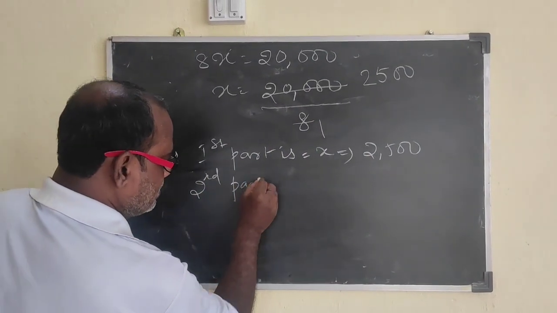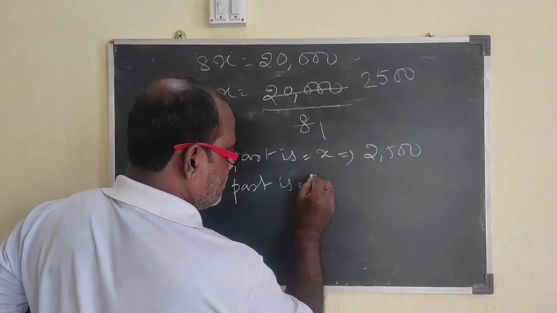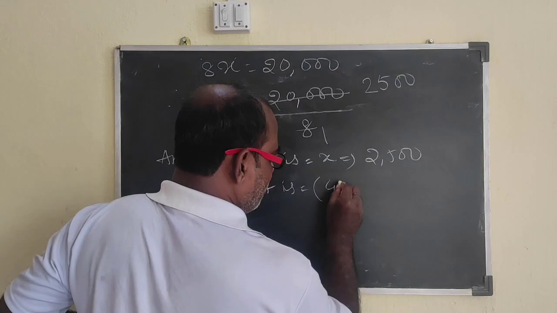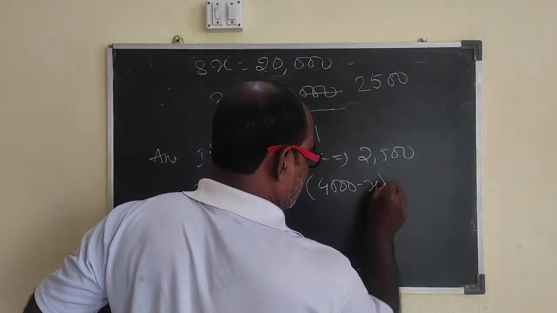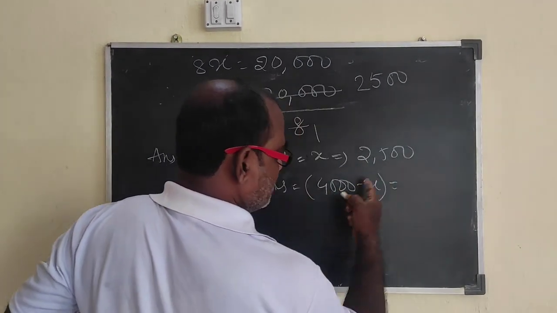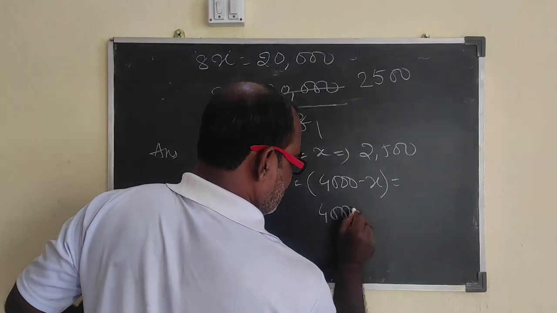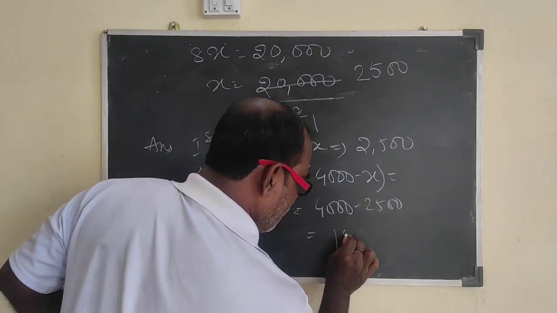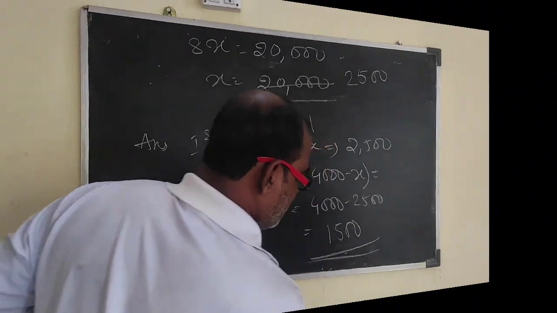The second part is 4000 - x, which is 4000 - 2500 = 1500. So yes, this is your second part.